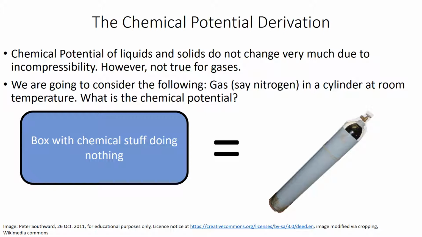Well, on the right hand side, there's a cylinder of compressed gas with nitrogen in it, and we are going to make it a very simple conceptual thing by talking about a box with stuff doing nothing. So that's how we're trying to take something in the real world and make it easy for us to conceptualize and then to apply thermodynamics.